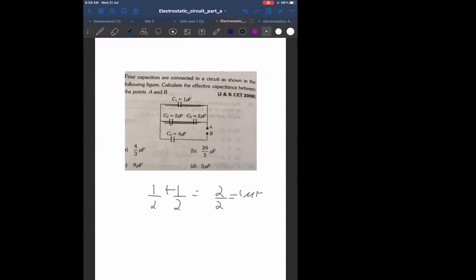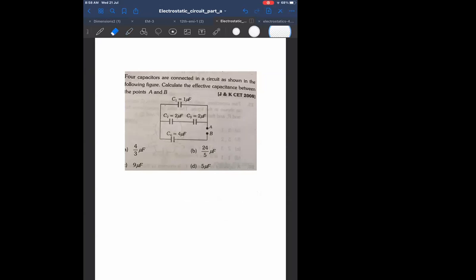Get the equivalent capacitance on top. Tell me what will be the answer on the top. Raju, correct? So can I say this is 1 and this is 1 in parallel, so this will be 2.